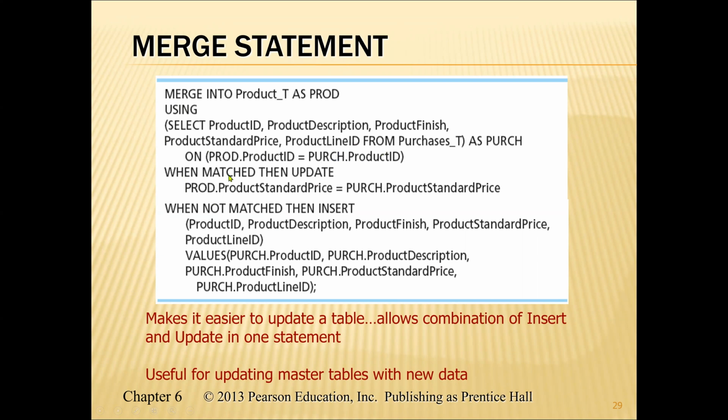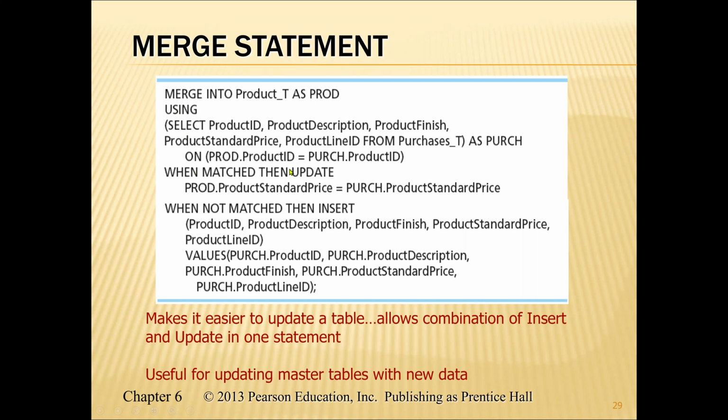And here we say when matched, then we should update the PROD standard price equal to the PURCH dot product standard price. We have the PROD and also we have PURCH. PURCH came from the purchase table. We should have a purchase table already. So when we select from purchase table, we name it as PURCH. When we select from product T table, we name it as PROD.